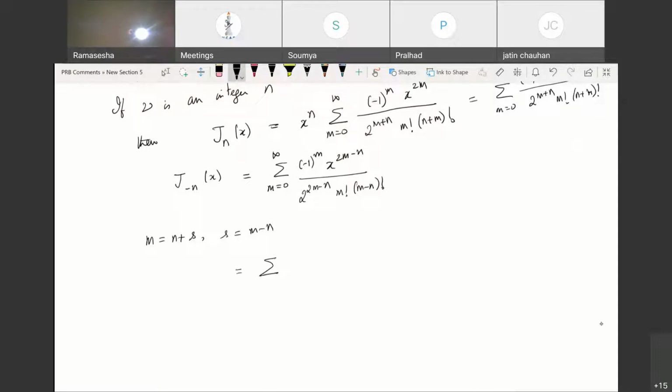This becomes sum over s minus n plus, or 2m, because m minus.